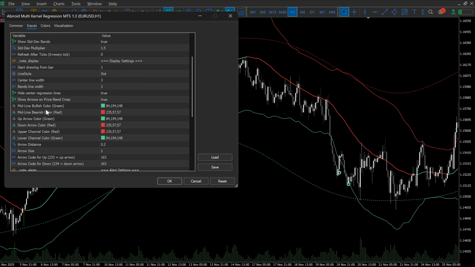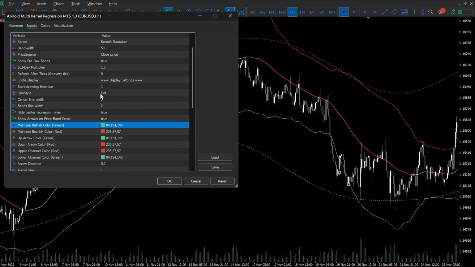And the rest of the settings, these are just for controlling the way these lines look. So if you are using multiple indicators on the same chart, then you can just change the colors of the different lines. And as far as this dotted setting is concerned, it is a known shortcoming of the MetaTrader 4 platform, MT4, that if you place this as a dotted or a dash-dot line or anything other than solid, then the line width needs to be 1.